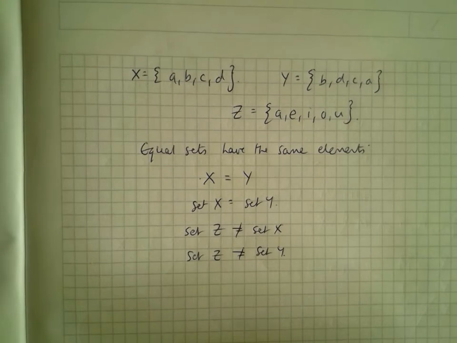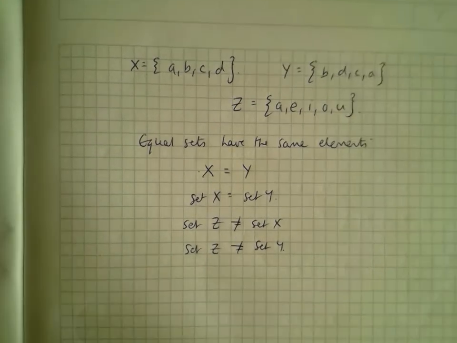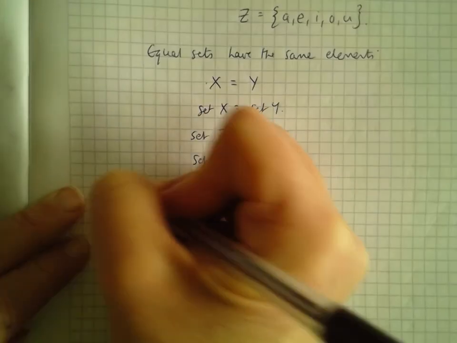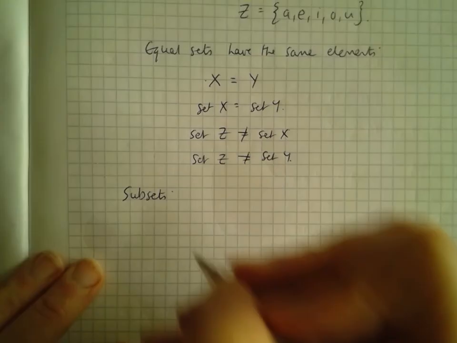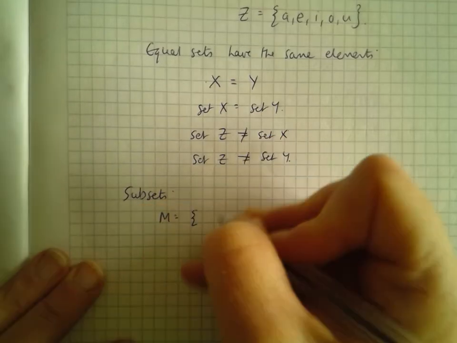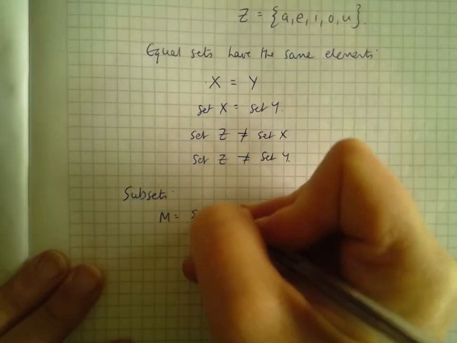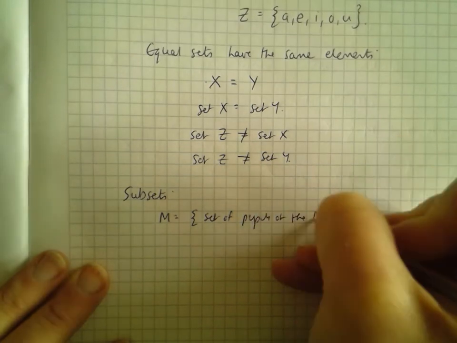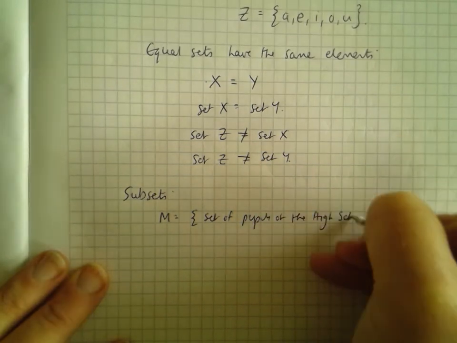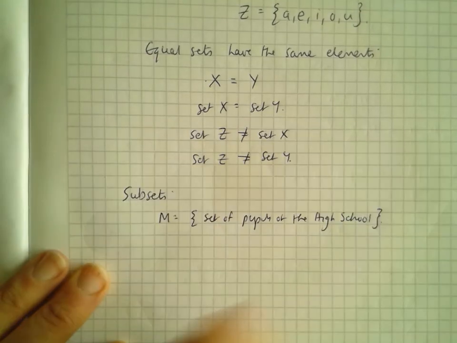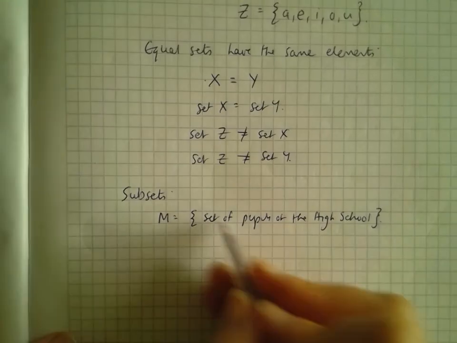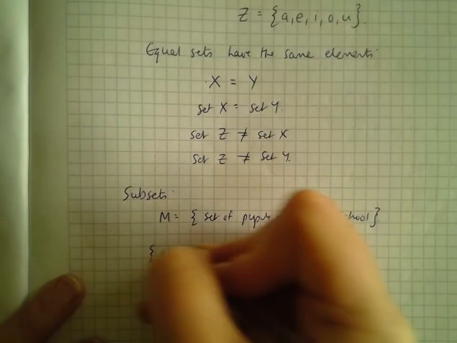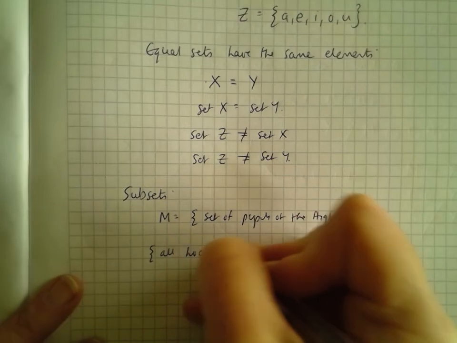And the last thing we're looking at here is what's called subsets. So say I said to you we had set M, which is the set of pupils of the high school. Okay? You might have lots of smaller groups that belong in there. You might have the set of all hockey players in high school.